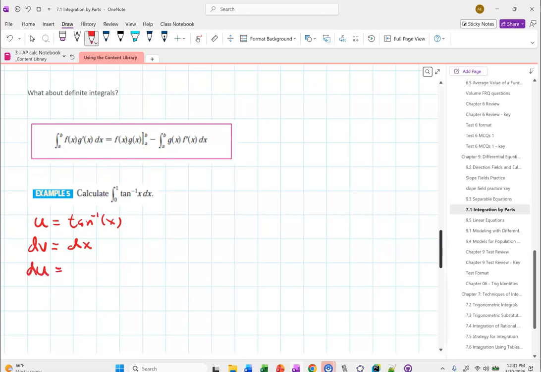So what's the derivative of tan inverse? 1 over 1 plus x squared, and then we need the dx. And then the integral of dx is just x, right?